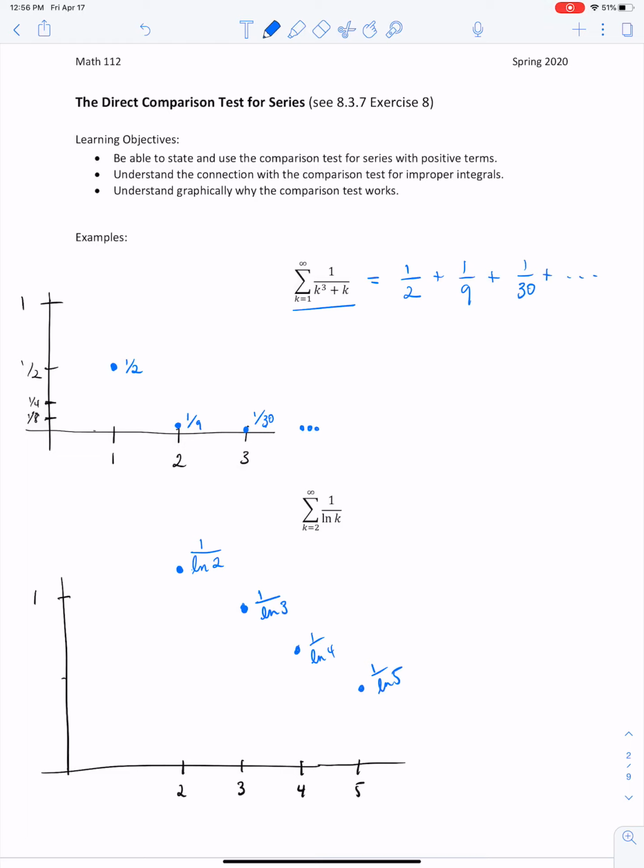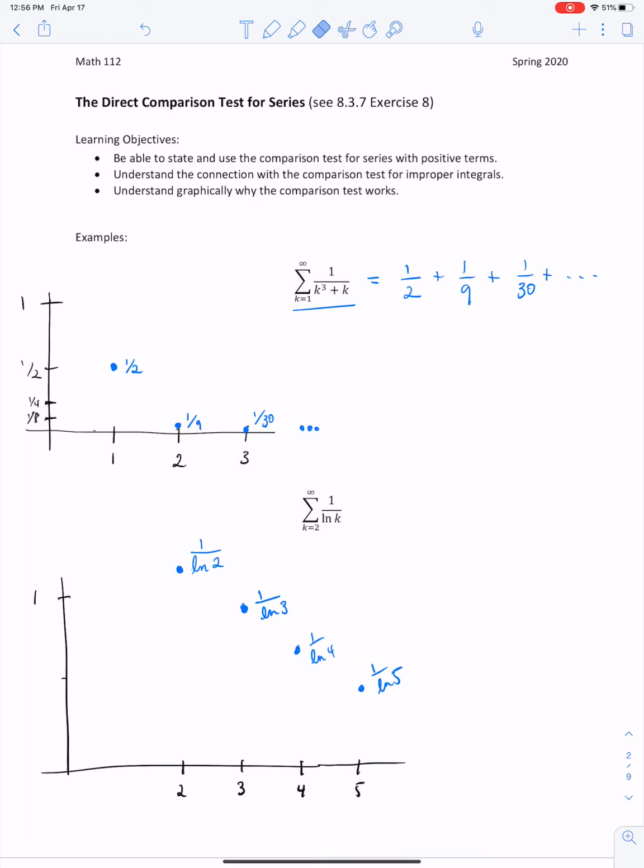We notice that these terms are going to 0 very quickly. In fact, for large k, the main term in the denominator is the k cubed.